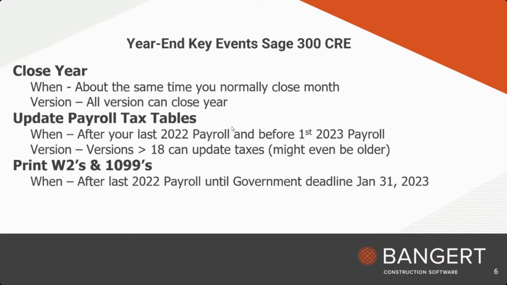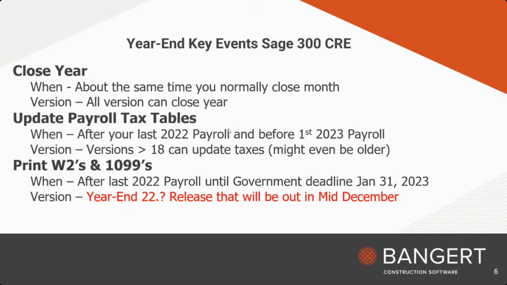So I envision we're going to have some clients that I know are going to get their upgrade loaded probably the last week of December, because as soon as that last payroll's done, they're closing things up and they're going to have the update loaded and produce their W-2s and 1099s. And probably most clients will be somewhere between January 1st or the last week of December and that last week of January for the timing.